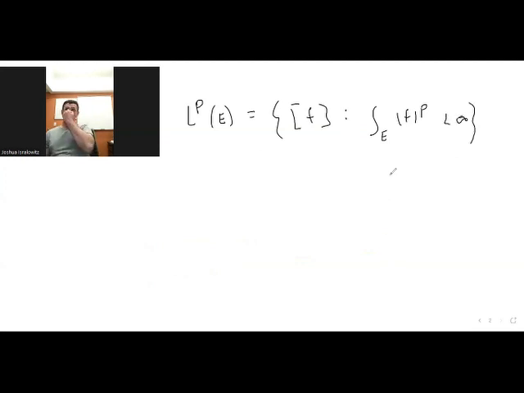So the first thing to notice is that this condition here is independent of the choice for my class. In particular, if f is equivalent to g, then the two classes are the same. And f equals g almost everywhere, so the integral of the absolute value of f to the p is equal to the integral of the absolute value of g to the p.